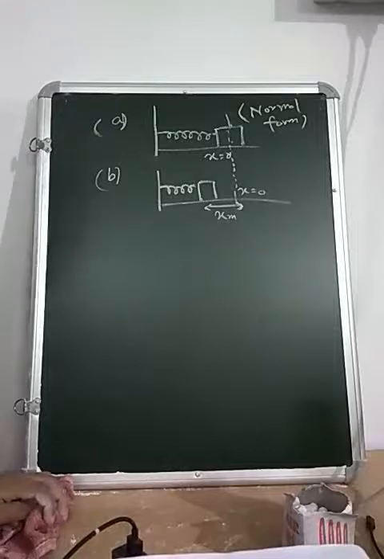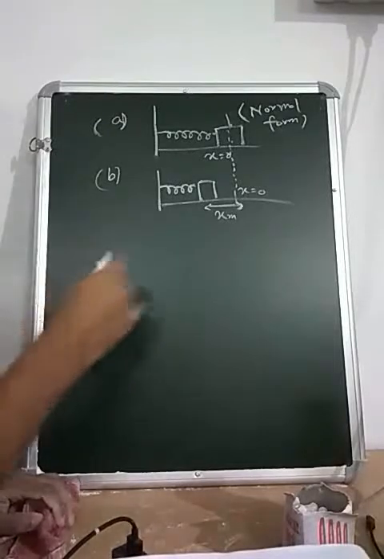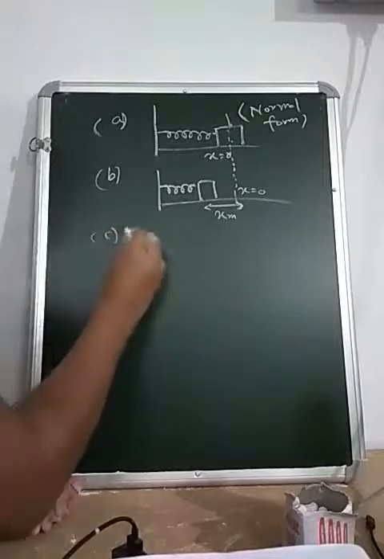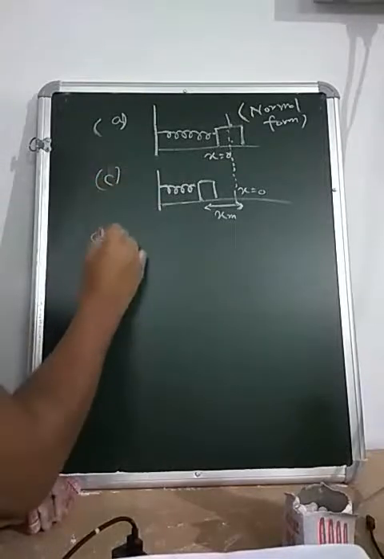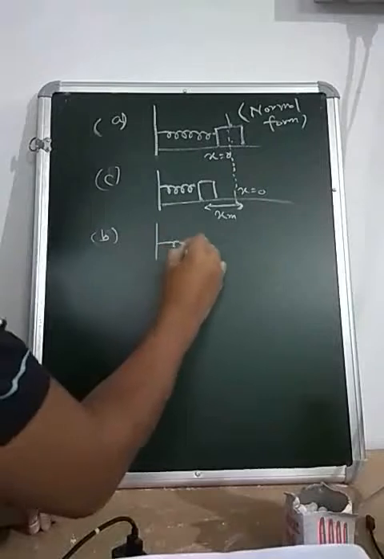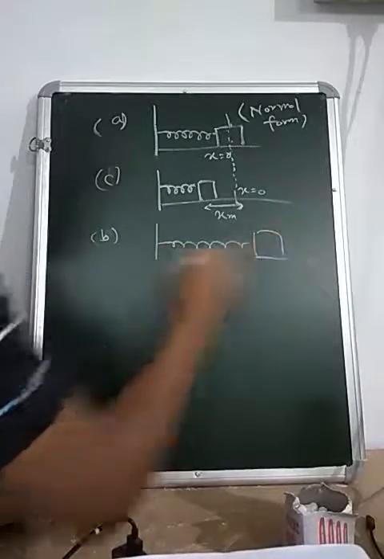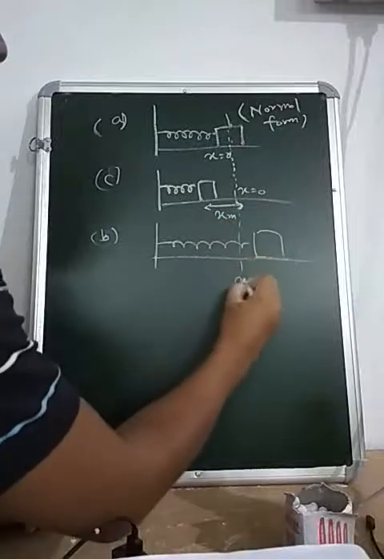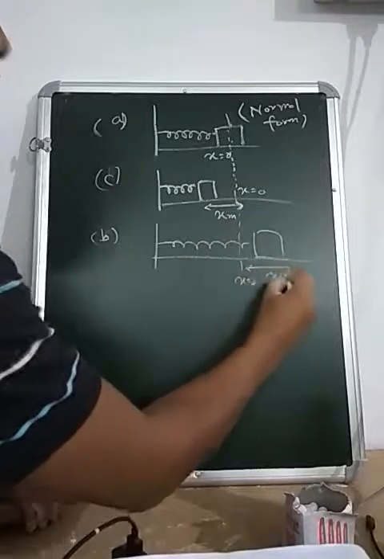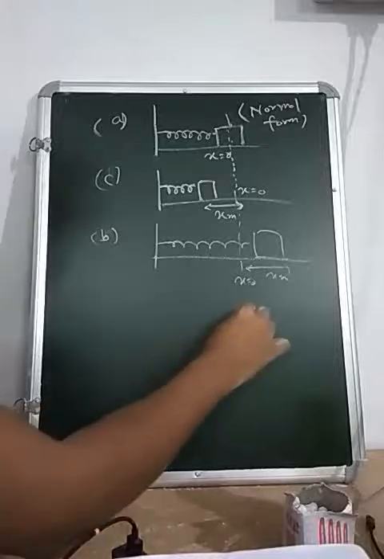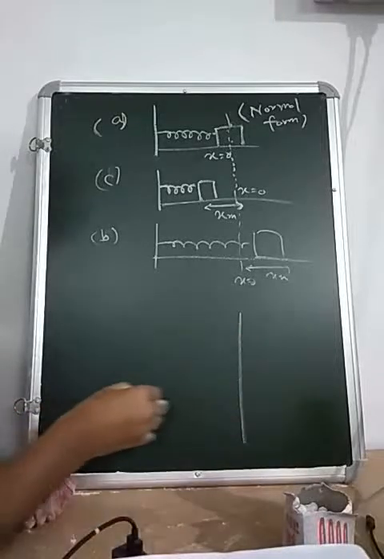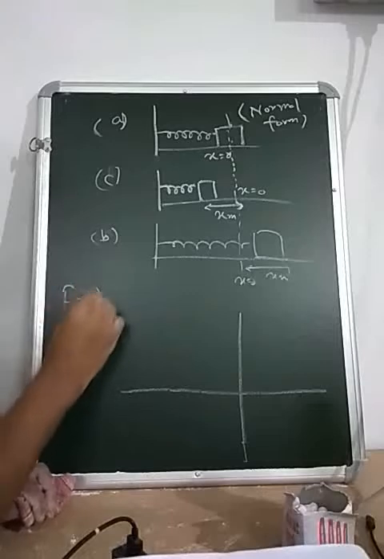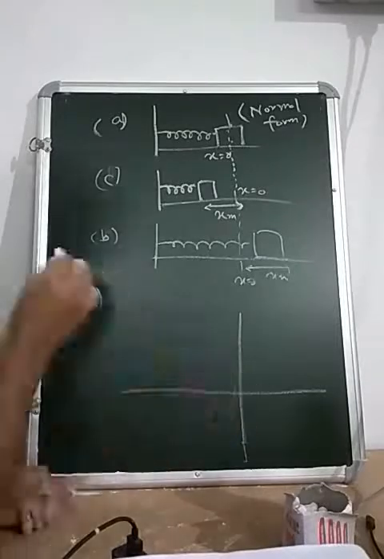If we represent graphically this case number C and B, drawing the case number B again, this is the equilibrium position x equal to 0, and the expansion is xm. If we represent this graphically in the F-x graph, then what is the F-x graph?